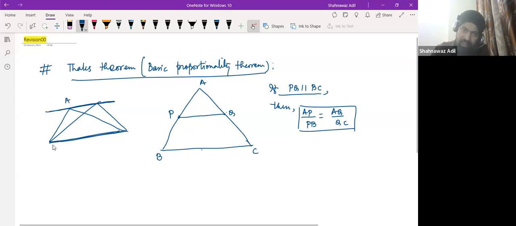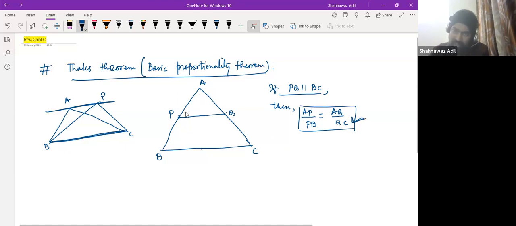So these are the two properties we used, and we proved that these triangles are equal, and then we proved this relation. This proof you already have in your notes, so please go through that. And this is the result that we get.